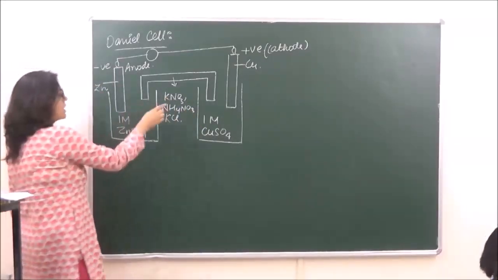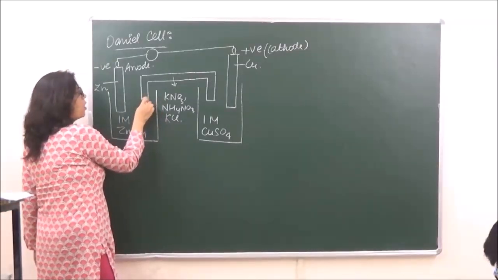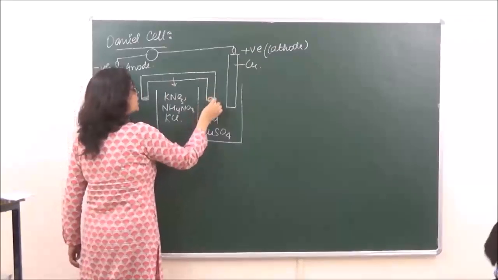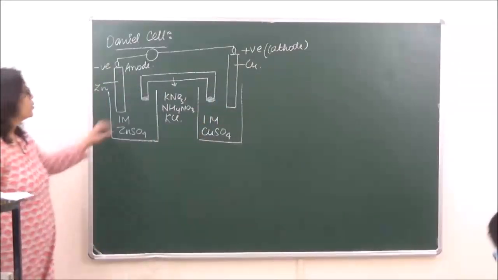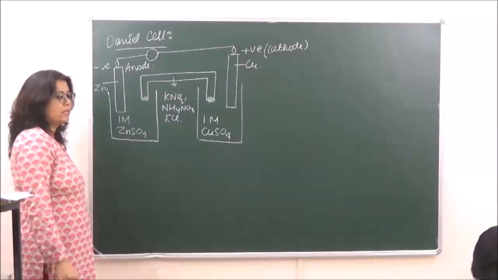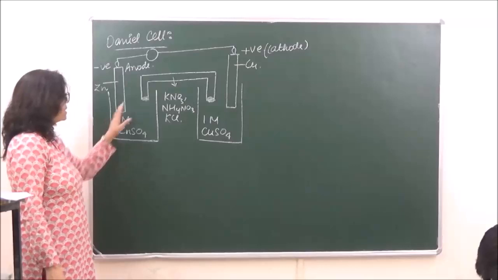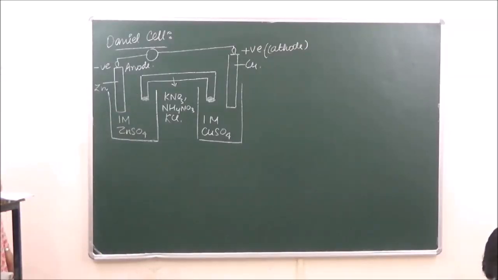Now we will discuss each of them separately. The brim of the salt bridge is plugged with cotton wool such that no diffusion takes place between the electrolyte in the beaker and the electrolyte in the salt bridge. Right? Now the observations which we see over here.